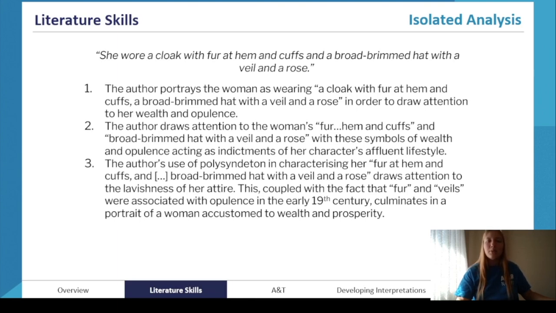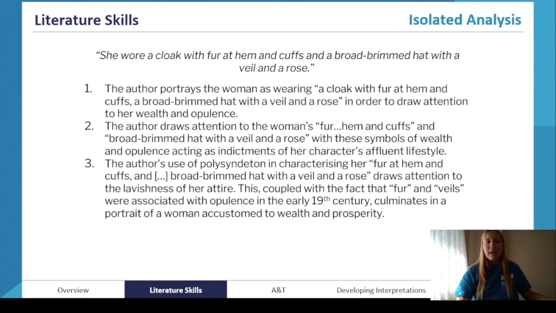The author portrays the woman as wearing a cloak with fur at hem and cuffs, a broad brimmed hat with a veil and a rose, in order to draw attention to her wealth and opulence. In this case, we're just not extrapolating at all, we're stating the obvious.